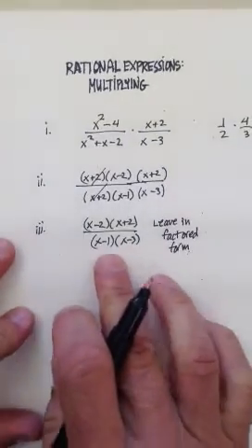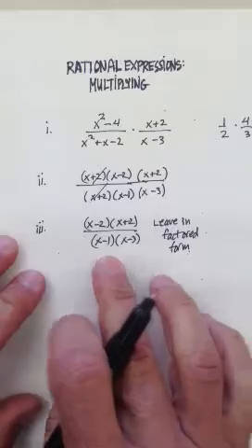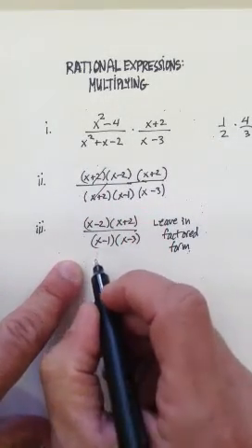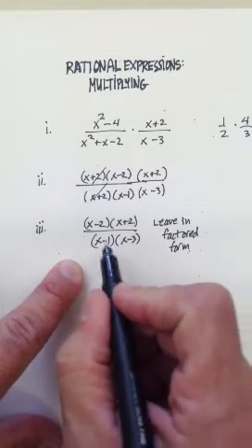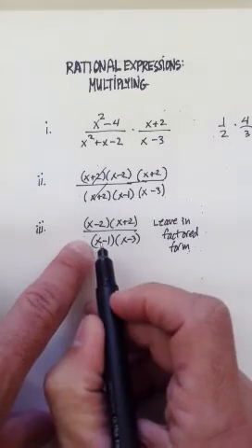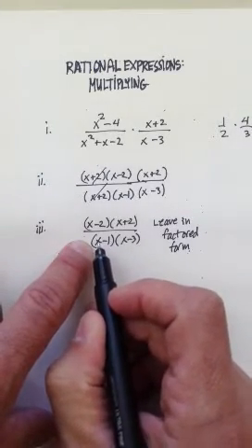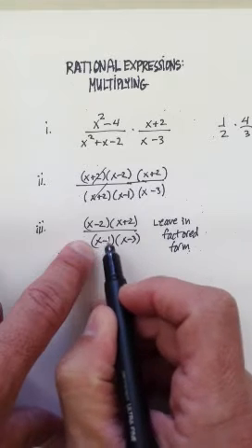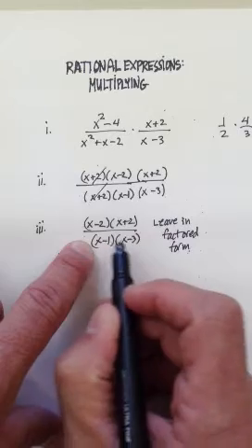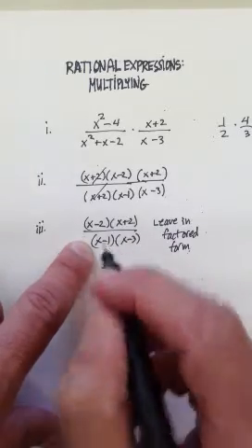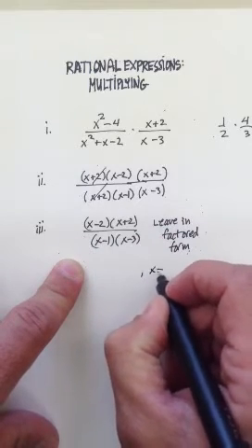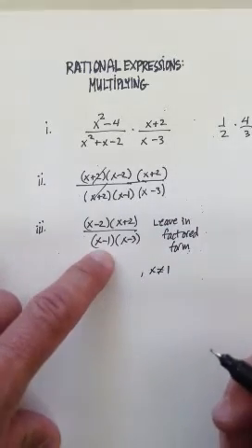There's one last thing I want to show you here. I have to find what numbers are restricted from this problem. What do I mean by restricted? You'll notice that if x were 1, x minus 1 would be 0, which would make this whole denominator 0, and I can't do that. So this is the simplified form, but x cannot equal positive 1.